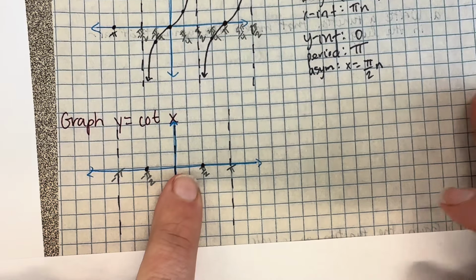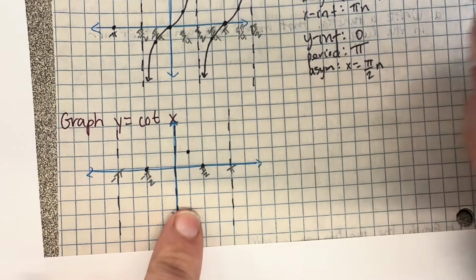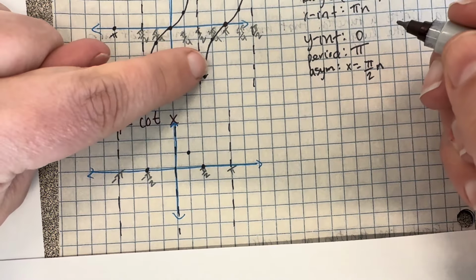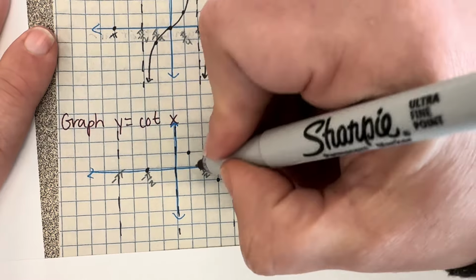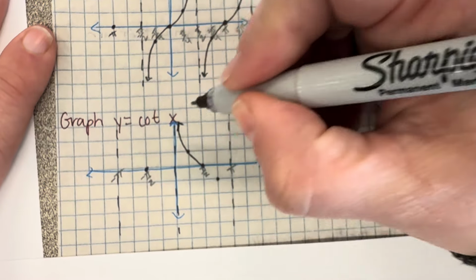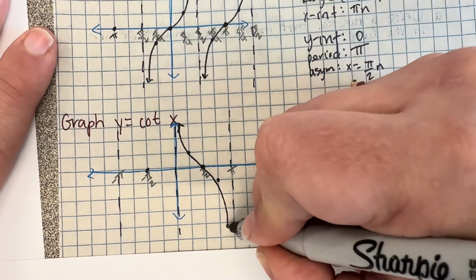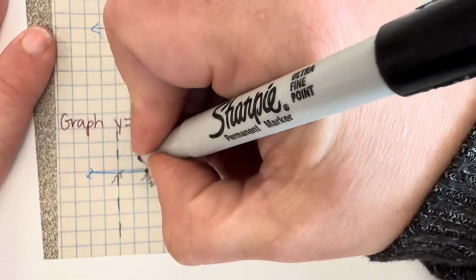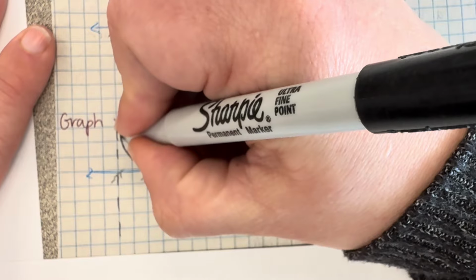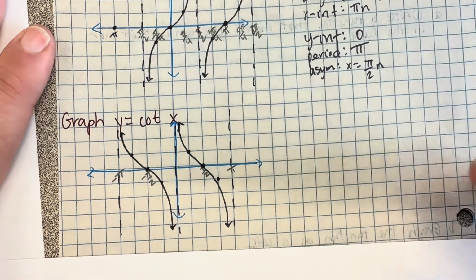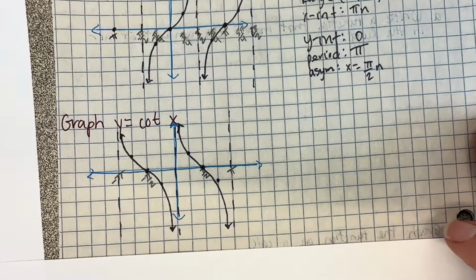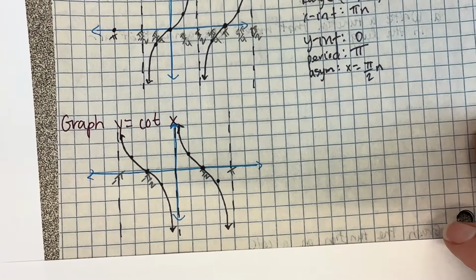All right, but over here, pi over 4 said it was 1, which actually means that we are going in an opposite direction here. And that means that 3 pi over 4 is going to be a -1. And you'll notice that my curve curves in that opposite direction. Okay. Which makes sense because our cotangent is like the flip of our tangents.